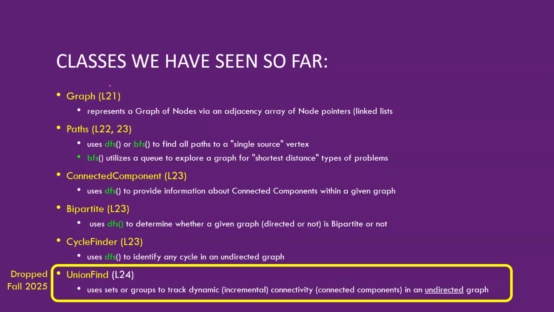The L21 gives you the lecture number if you need to go back and refer to these things. Bipartite is a class we created for determining whether a graph is bipartite. And then cycle finder for undirected graphs we looked at, and we'll look at, if we have time, a cycle finder today for directed graphs, which is a slightly different problem. And we'll skip the union find.